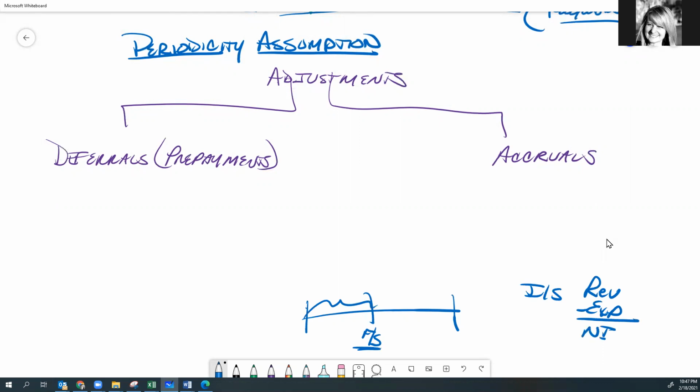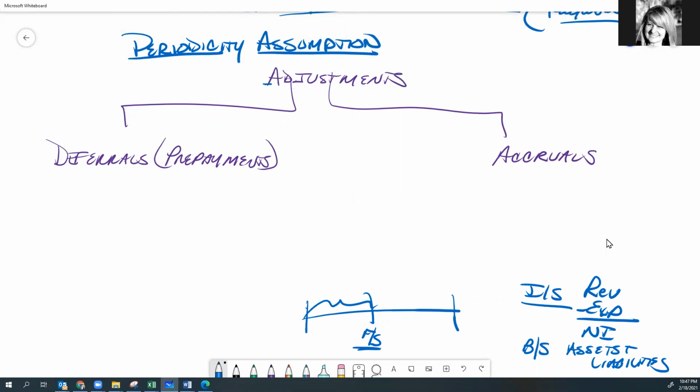And that equals net income. That's our income statement. And then we also want to make sure that on our balance sheet, all of our assets and our liabilities are correct. So let's talk about how we actually do that.